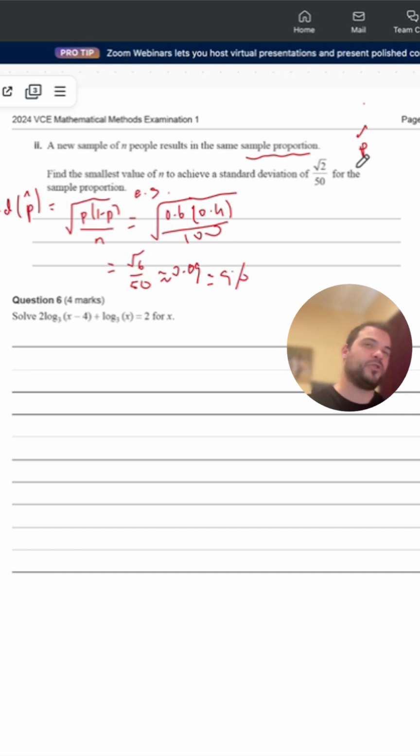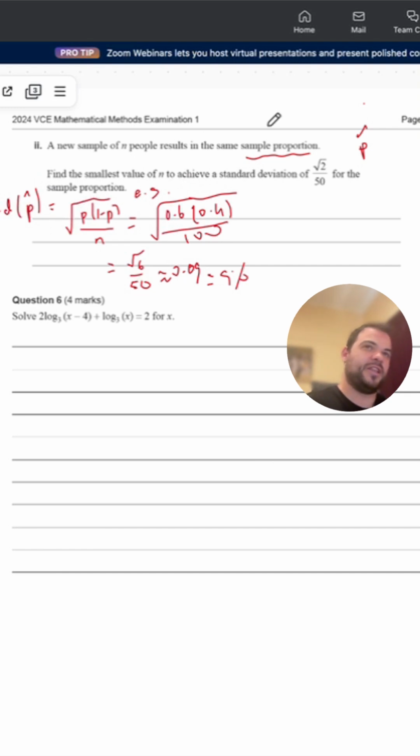I didn't have the true proportion of people in the town who are unhappy with the roads. I had the proportion of people in that sample of 100 who are unhappy with the roads, which was p hat.